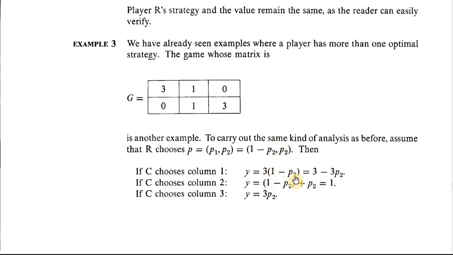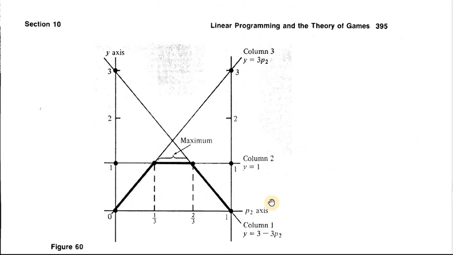So that's 3 times 1 minus P2 plus 0 times P2, and you get 3 minus 3 P2. If the column player chooses column 2, he gets 1 with probability P1 and 1 with probability P2, and that works out to 1. And if the column player chooses column 3, he gets 0 with probability P1, 3 with probability P2, you get 3 P2 here.